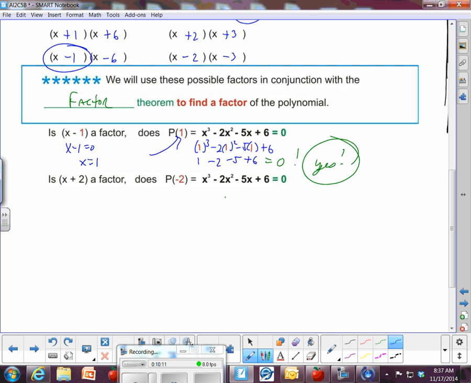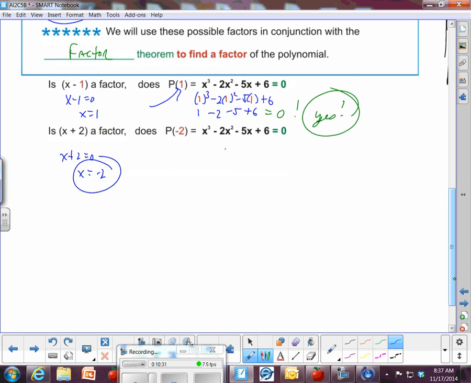And so on this one, again, if you take the binomial, set it equal to 0 and solve it, we're putting a -2 in. And again, a lot of you guys don't need to do that step. You understand if you're testing an x plus 2 binomial, you know to put in -2 for the variable, right? So you don't really need to do that step. You know what to do.